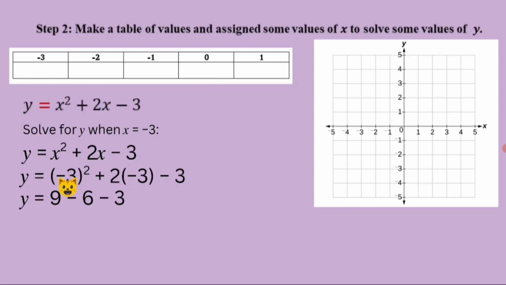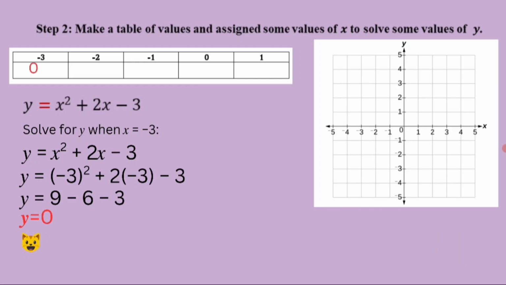Negative 3 times negative 3 equals 9. 2 times negative 3 equals negative 6 and minus 3. Then, 9 minus 6 minus 3, that would be equal to 0. So, ang magiging value of y natin is equal to 0. So, by the way, this is the value of x. Yung nandito naman sa baba ay the value of y.